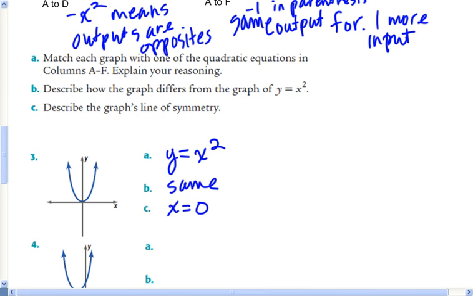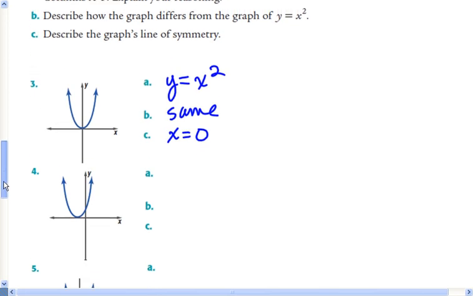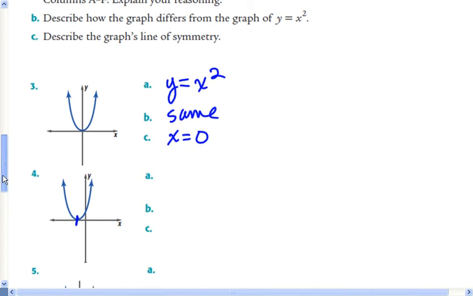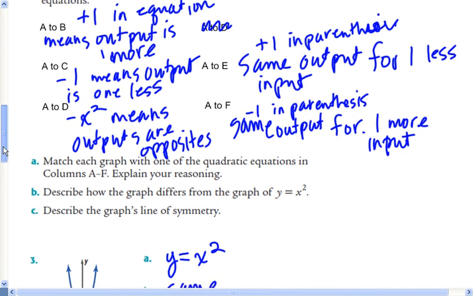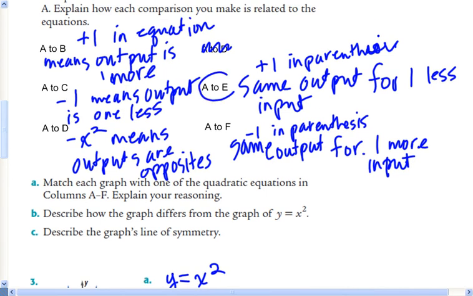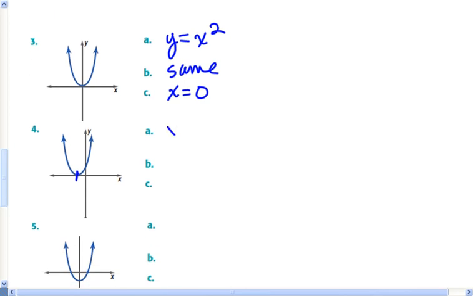All right, now let's think about that. And notice that on this one, we shifted the line of symmetry over 1 to the left. So we're really getting the same outputs as we are for this one, but we're getting them for one less on the input. And what that one would be is this one, where we went from A to E. And equation E is y equals (x plus 1) squared.